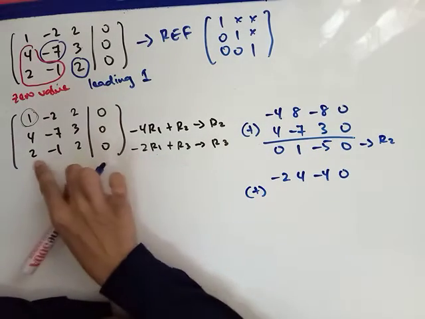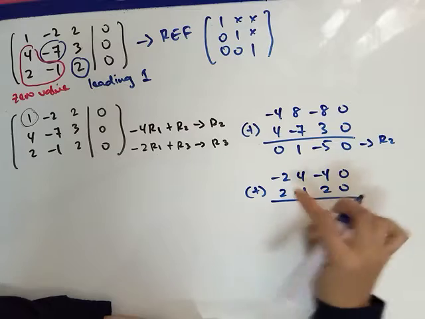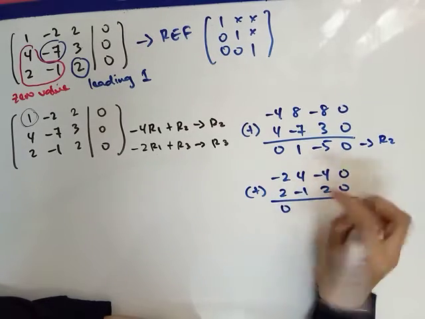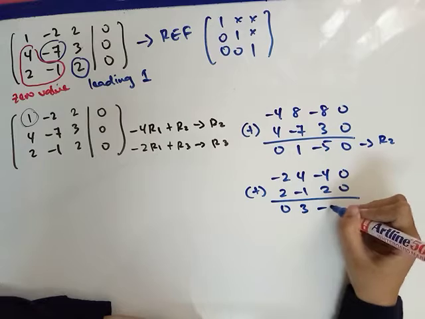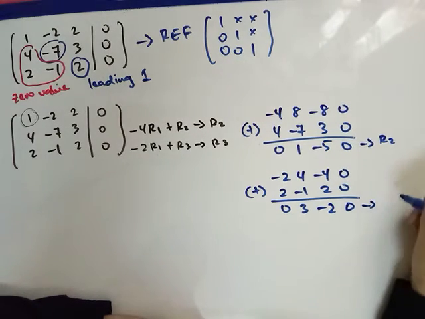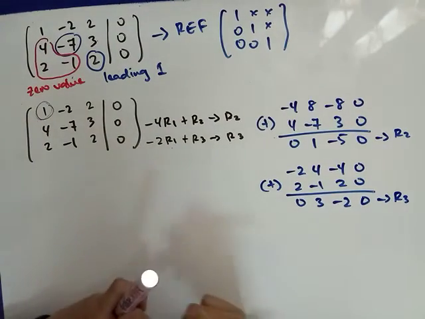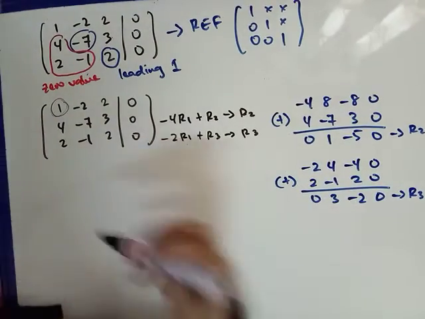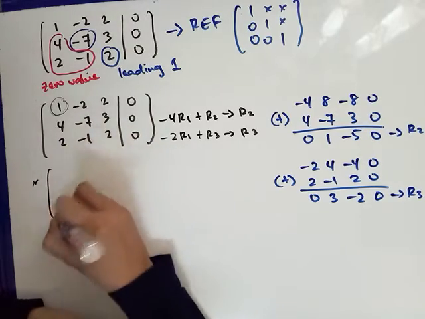Row 3 is 2, -1, 2, 0. So -2 plus 2, we get 0. 4 minus 1, we get 3. -4 plus 2, we get -2. Then 0 plus 0 is 0. So it goes to row 3. Then we can find the new values for row 2 and row 3.